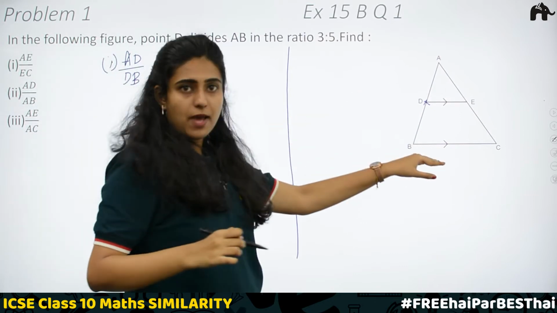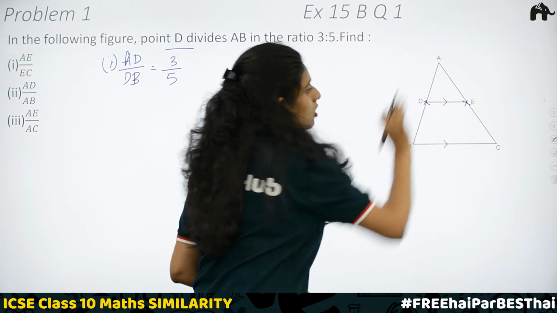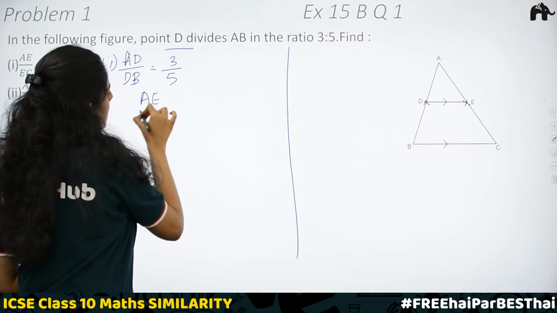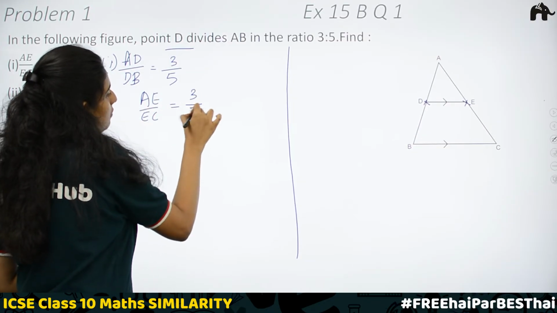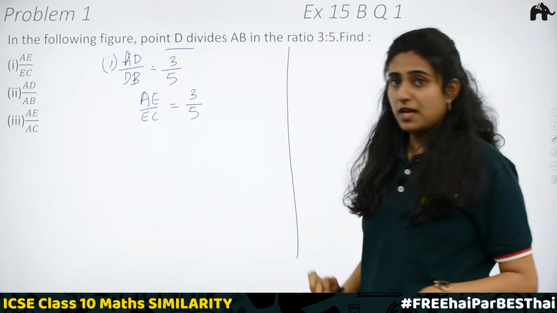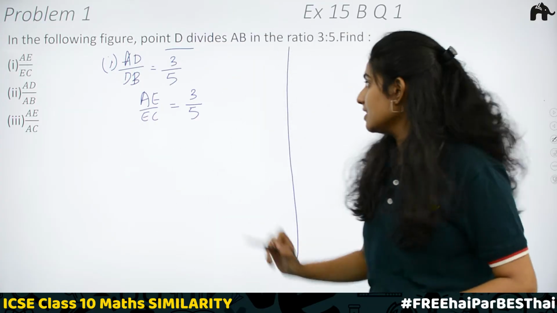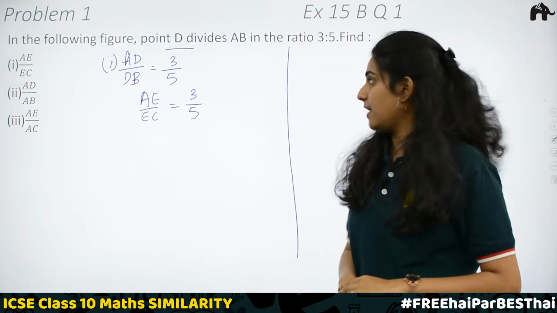These two lines are parallel. So, the ratio in which E divides AC will also be the same. Yes, we will be having AE by EC also equal to 3/5. From this we got the first answer.